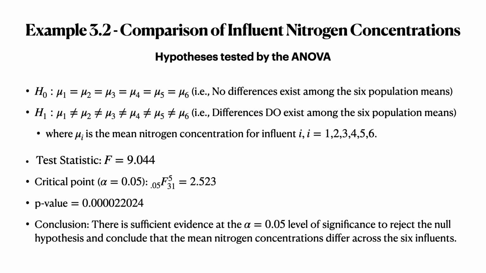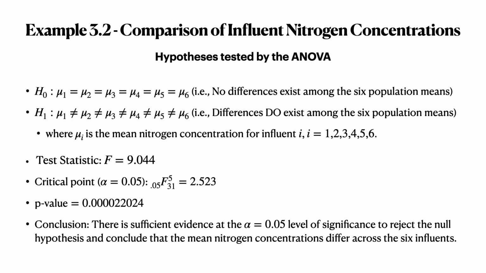The hypotheses being tested by the ANOVA are as follows. The null hypothesis is that mu1, mu2, and so forth up to mu6 are all equal. That is, that no differences exist among the 6 population means. The alternative is that the means are not all equal, that is, that differences do exist among the 6 population means. Now again, mu sub i is the mean nitrogen concentration for influent i, where i goes from 1 to 6.